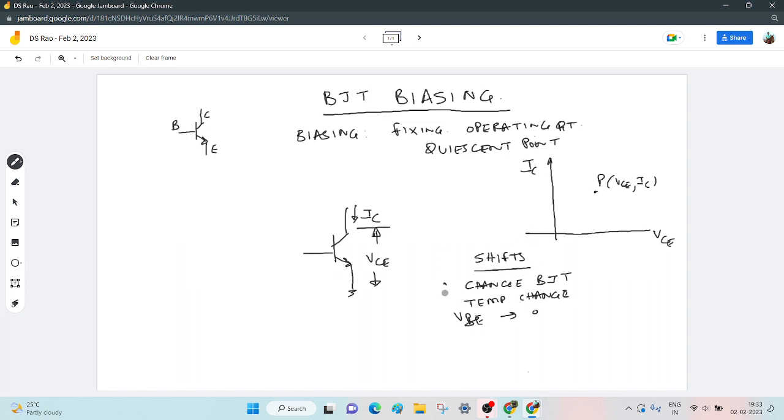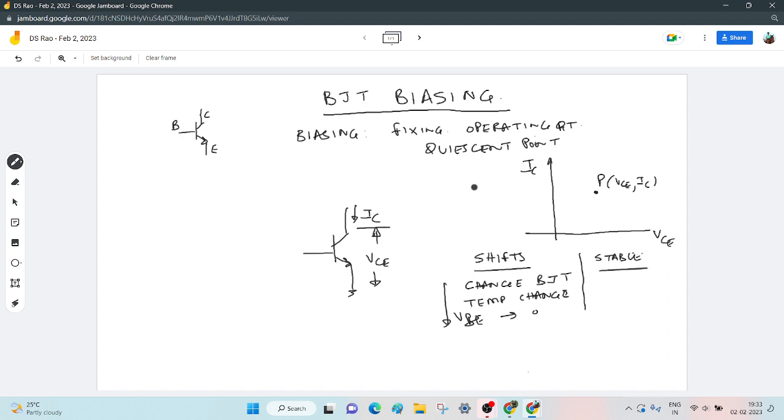So, there are some aspects of the transistor which will not allow the operating point to remain at the same point. If the operating point remains at the same point, we say it is stable.